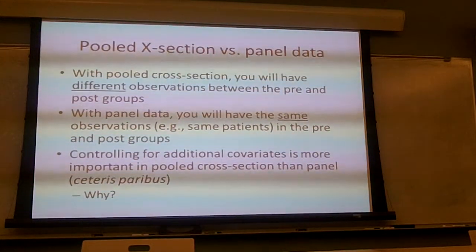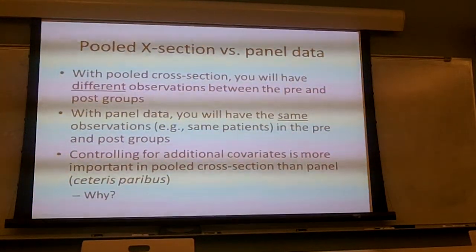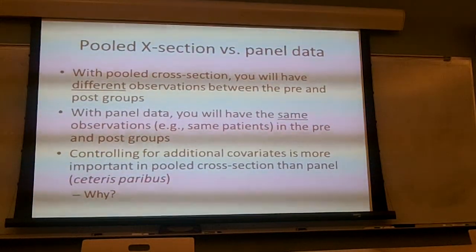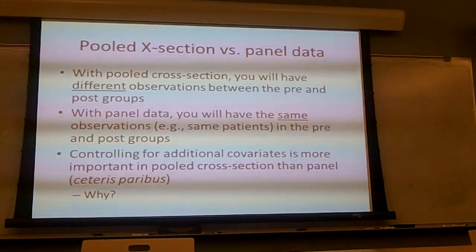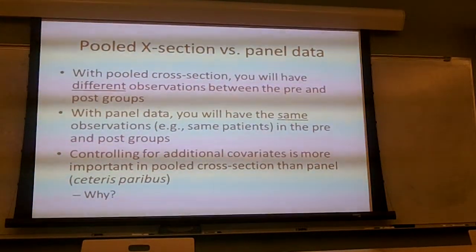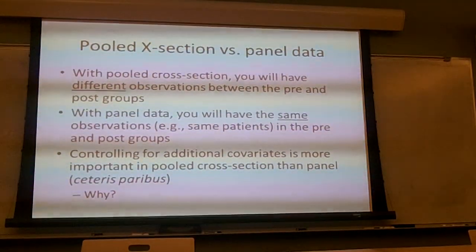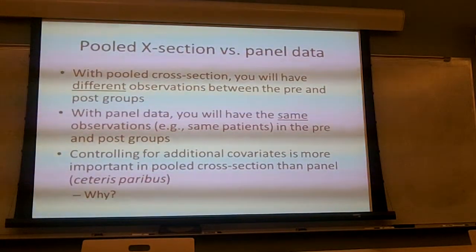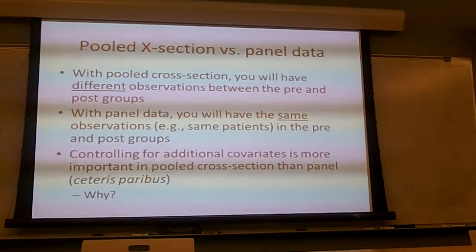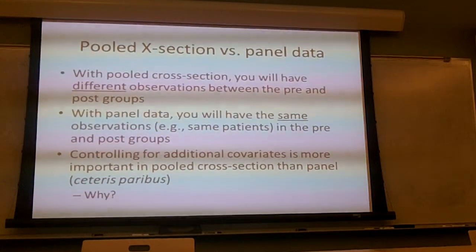We can difference it out and move on. That's why you might want to be more concerned about changes in the sample composition from pre to post that may occur just by sampling. We're surveying Pennsylvania pre, we're surveying Pennsylvania post, we get different people, they have different characteristics, and those characteristics might influence their outcomes. Let's control for them, and then we can make this problem go away.